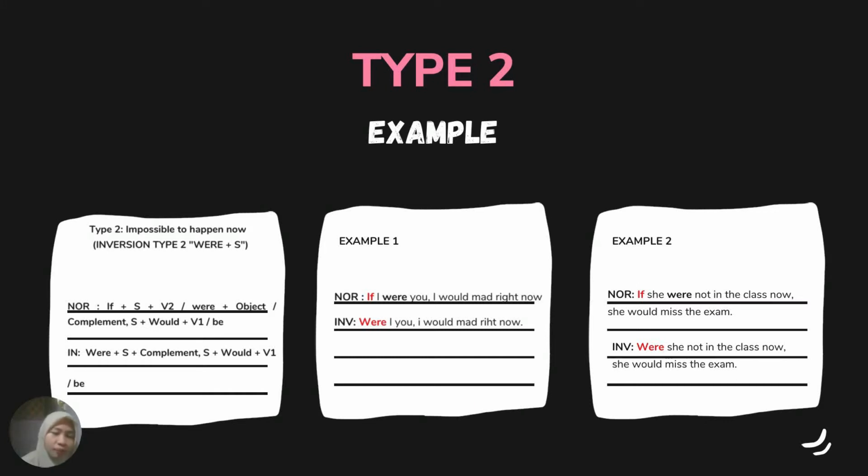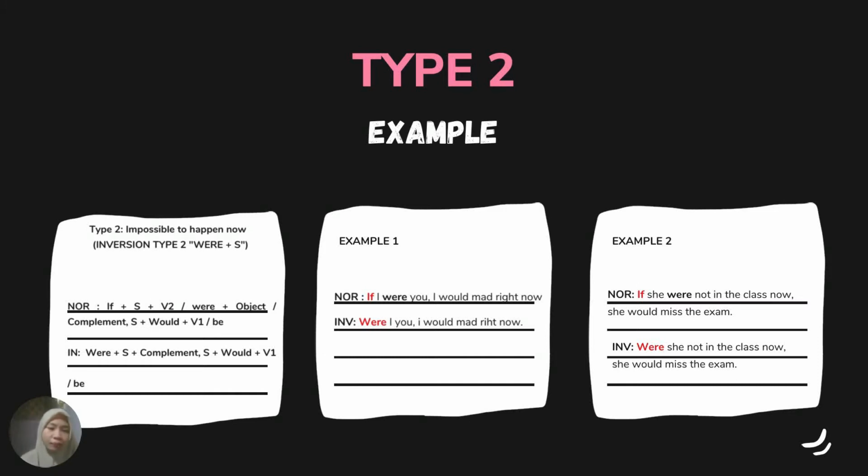So before the inversion, the conditional sentence is if I were you, changed to were I you, I would be mad right now. So we change the position of were and the subject I.